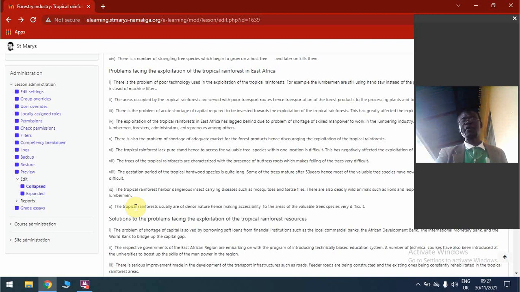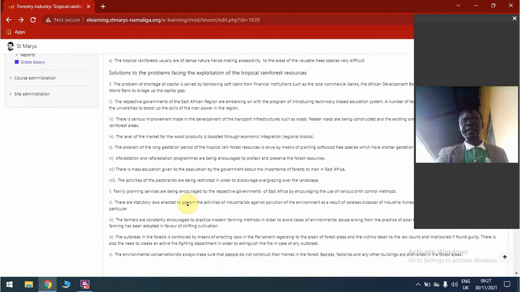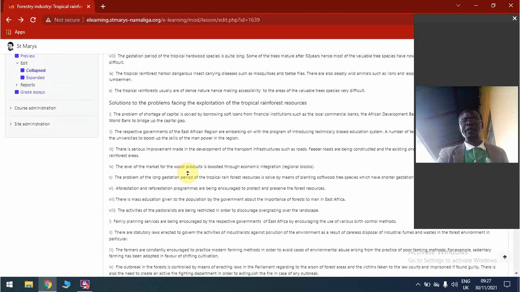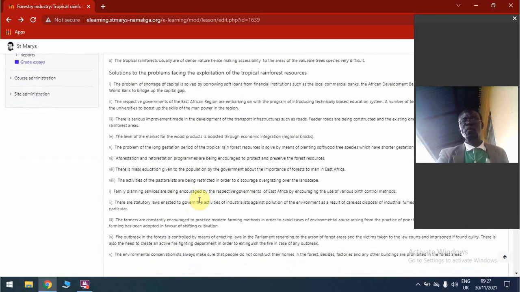It will give you a clear way of understanding the problems involved in the exploitation of the tropical rainforests. Then lastly, just as a matter of conclusion, we shall look at the solutions to the problems affecting the exploitation of the tropical rainforest resources.